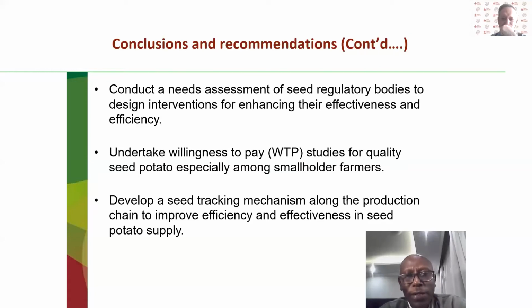And we need to undertake willingness to pay studies for quality seed potato, especially among smallholder farmers, because it will not be useful if we produce seed that farmers are not able to afford to pay for. And we need to develop a seed tracking mechanism along the production chain to improve efficiency and effectiveness in seed potato supply.